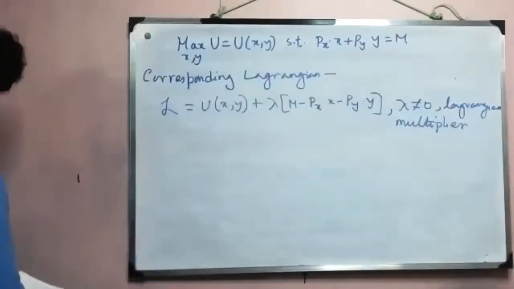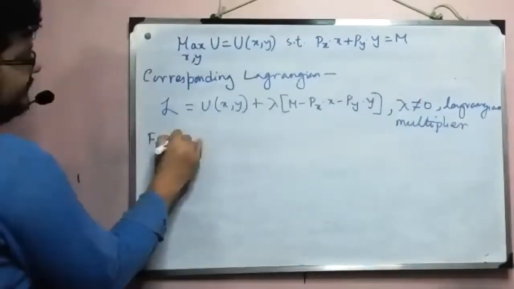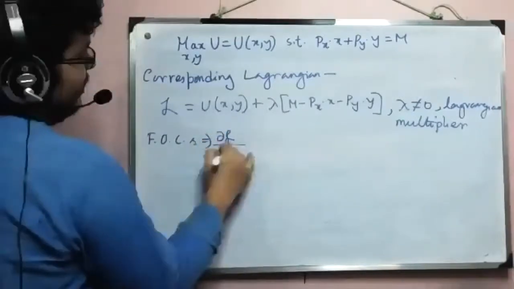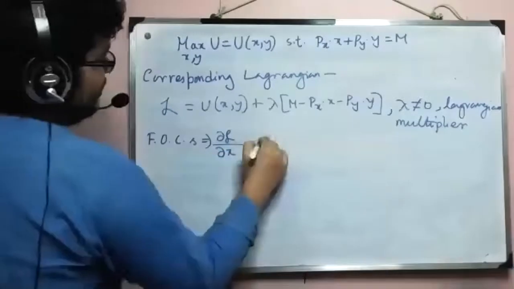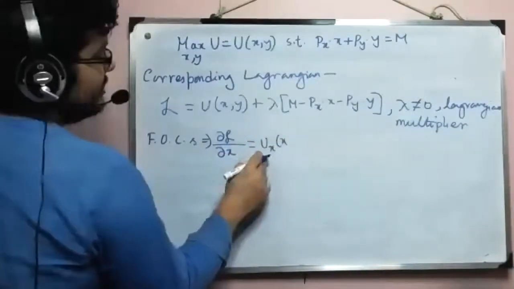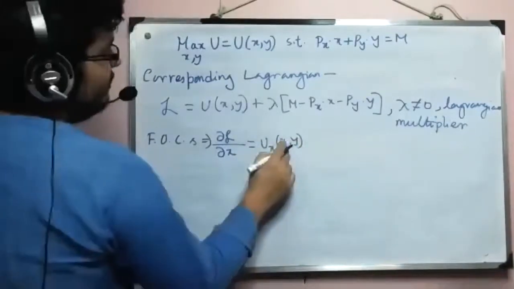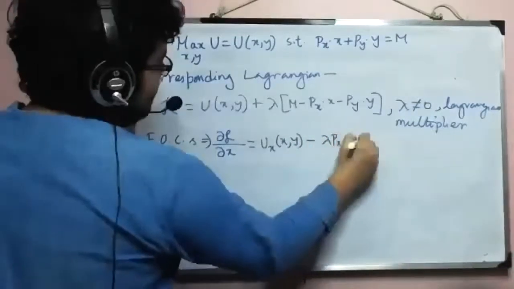Now, the first order conditions. So what are the first order conditions? Script L partially differentiated with respect to x gives me del u del x, which is basically ux, in general a function of x and y, minus lambda px equal to 0.